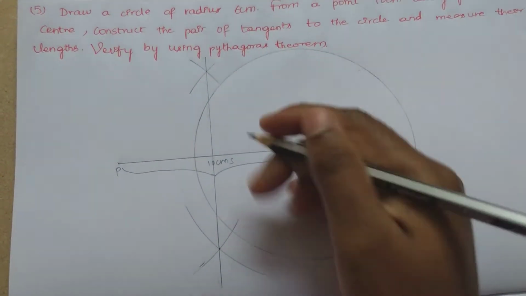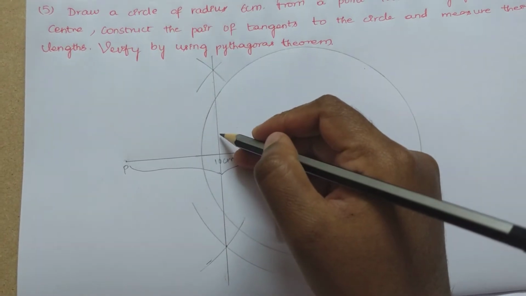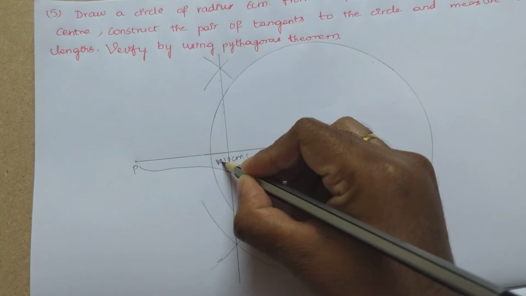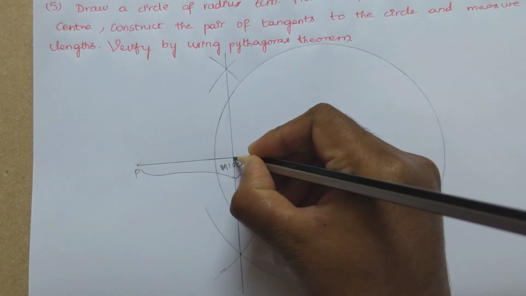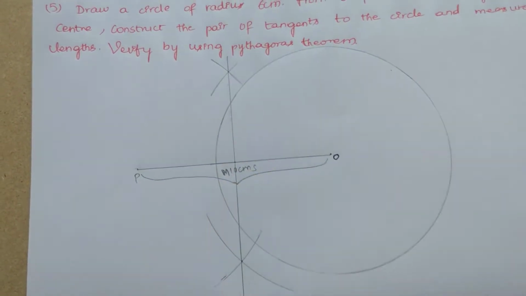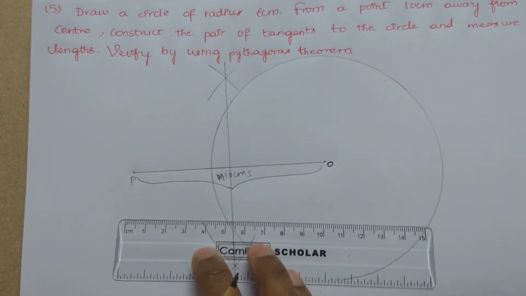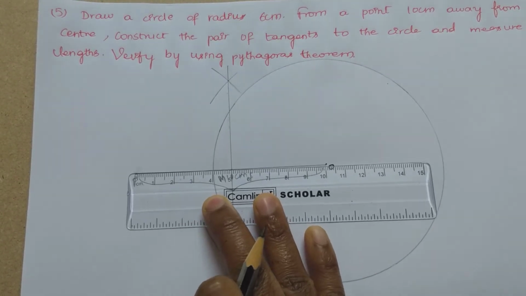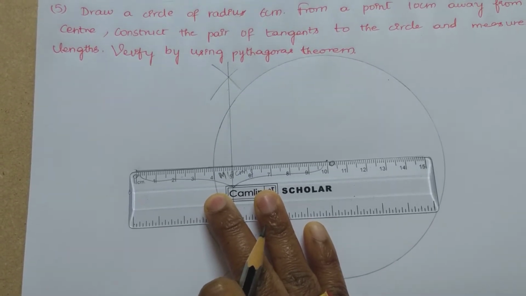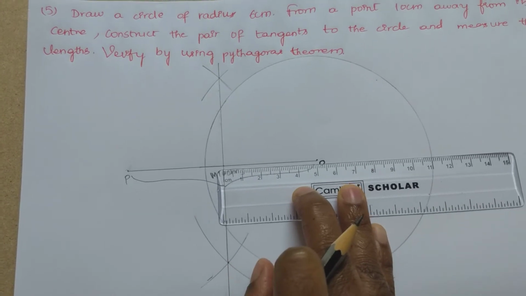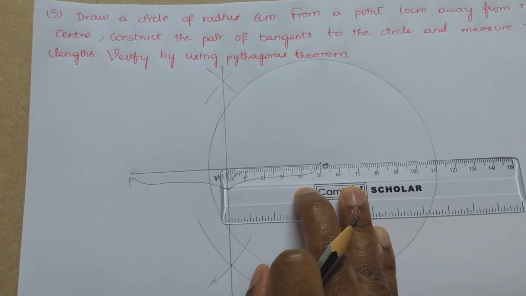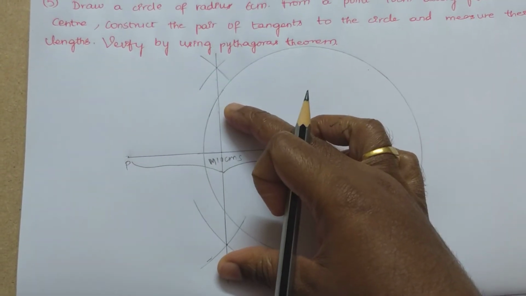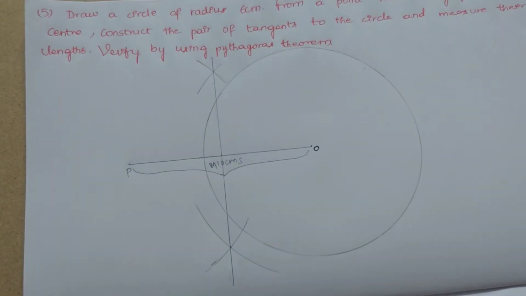Let this perpendicular bisector cut the line segment OP at M. So I am naming this point as M. Bisector means it divides into 2 equal parts. So one part is 5 centimeters and the other part is 5 centimeters. So this line becomes the perpendicular bisector of the line segment OP.